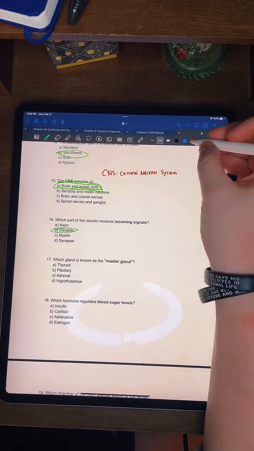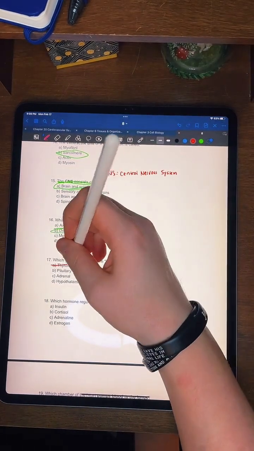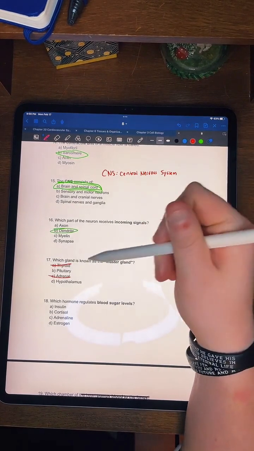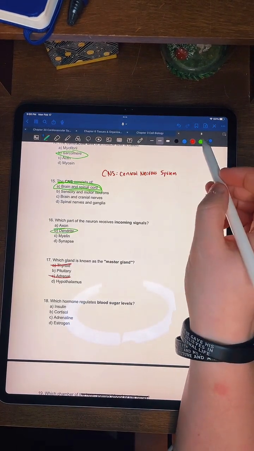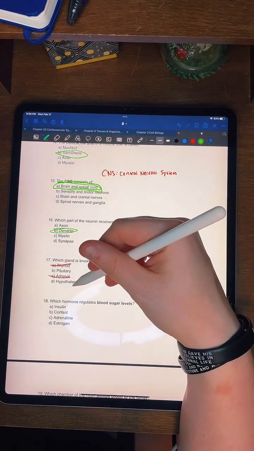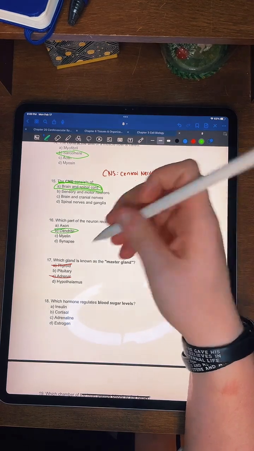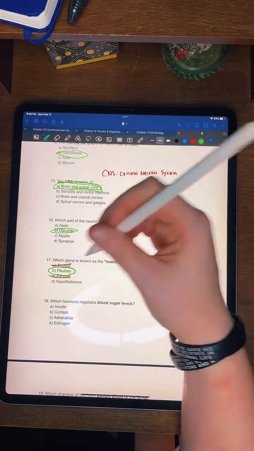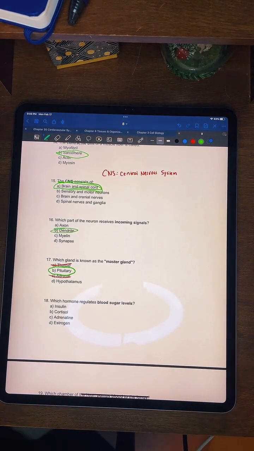So definitely want to cross out thyroid and adrenal. So we have the pituitary and the hypothalamus. The hypothalamus is more so known as the master regulator, while the pituitary is more of the master gland. So the answer would be B. The master gland is the pituitary gland.